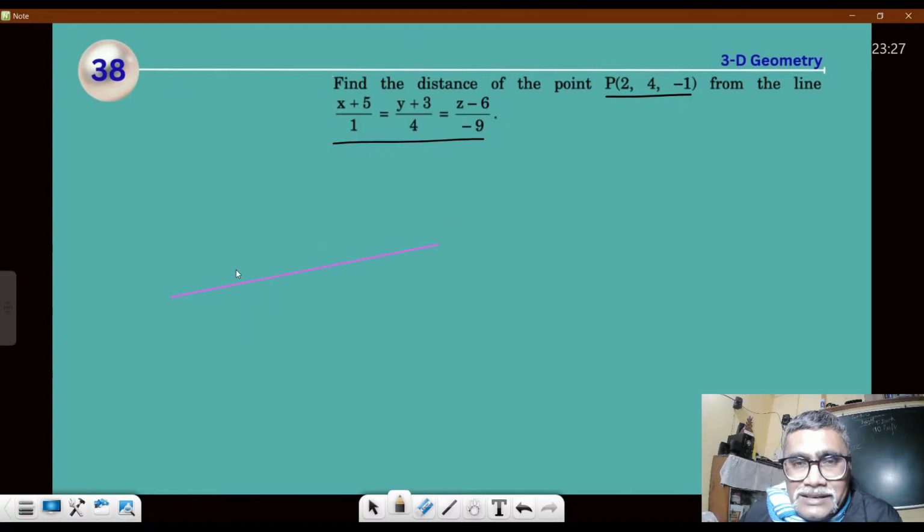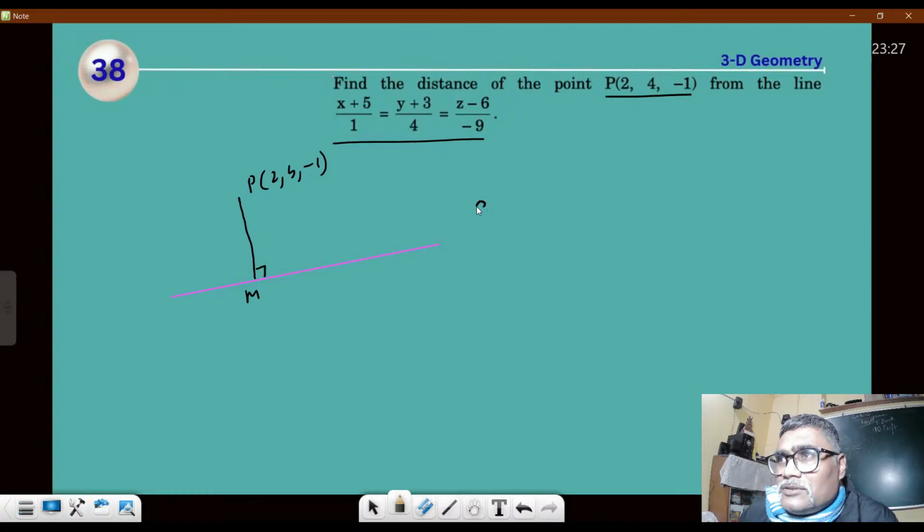This is my line, and suppose this is the point P(2, 4, -1). What we usually do is draw a perpendicular, find this point, and then find this particular distance with the help of the distance formula. Absolutely correct.